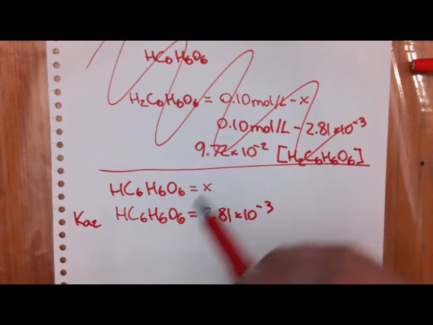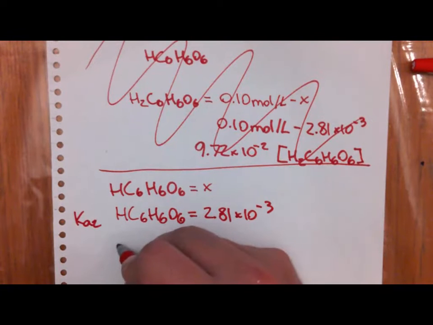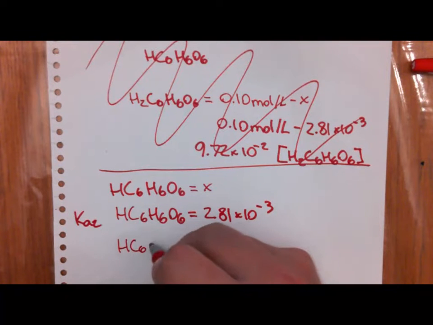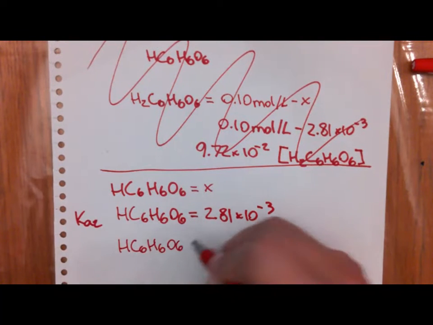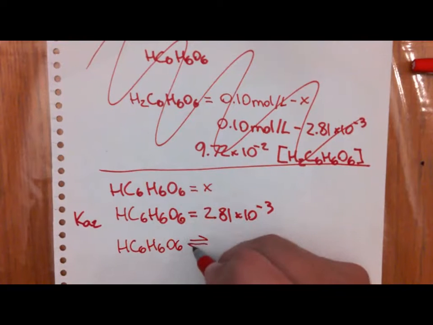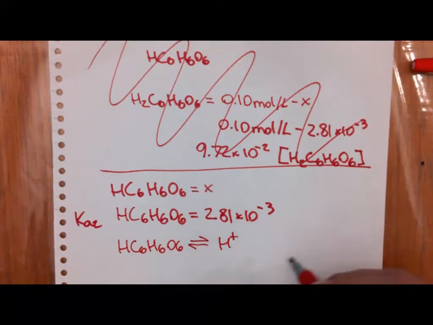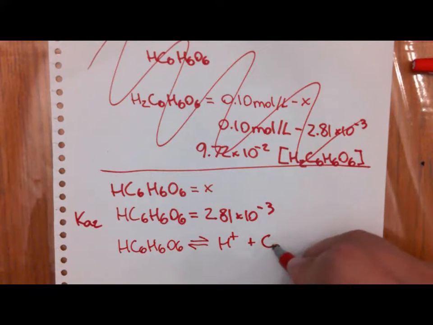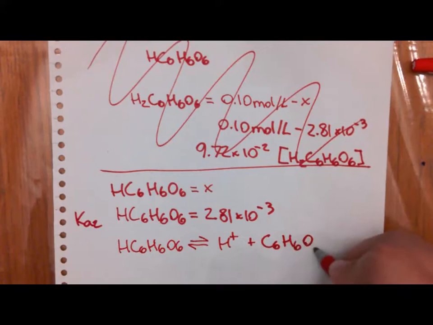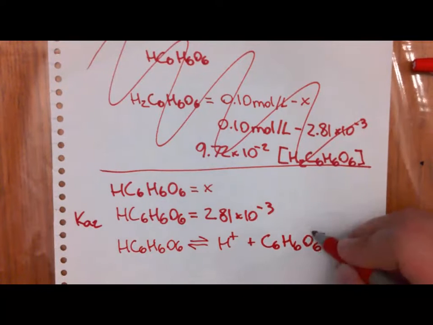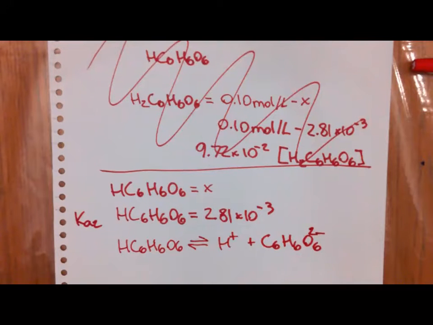So what we can see is that the reaction will happen where HC6H6O6 is going to react in equilibrium in order to produce H+ ions and C6H6O6 2- ions. All right.